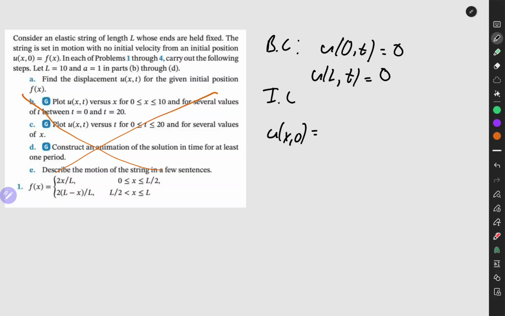Right, man, I don't feel like writing that. 2x over L, we have 2 times L minus, I'm going to multiply that in. Oh, that's 2L over L, that's 2 minus 2x over L. Right, this is from L over 2. Now the length we're given is 10, so I could plug that in there.